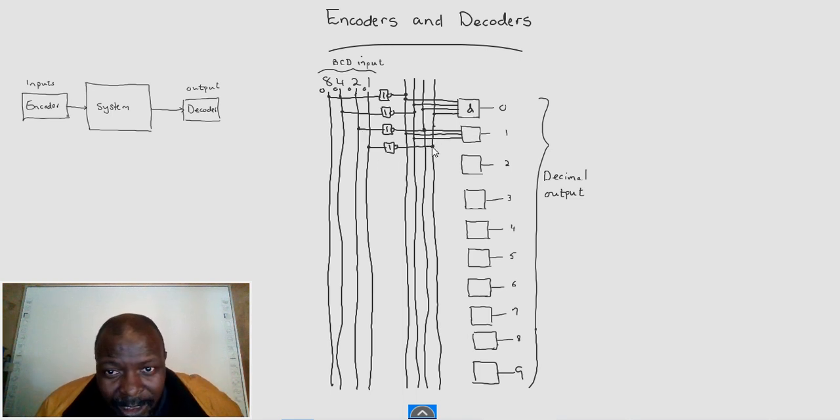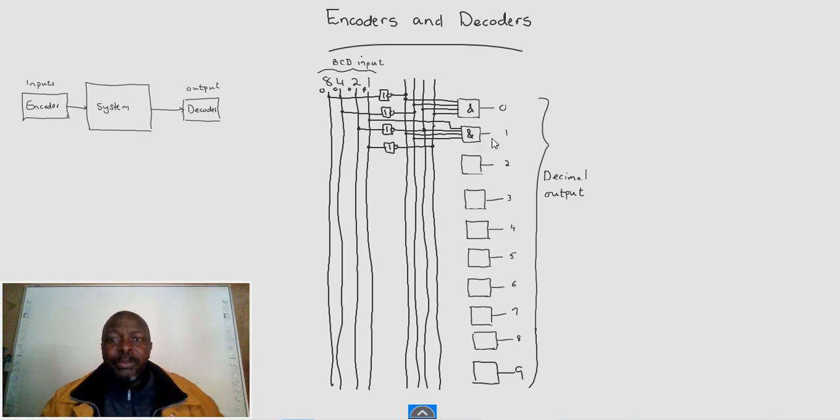So now I'll take a 1 from there, as long as my 1 will come there. So what do I have? When I've got 0, 0, 0, 1, so that 1 is already there. The other zeros are inverted to 1s, and this AND gate there will be driven on. So our 1 will be on. Remember that when we change this to a 1, that there becomes a 0.